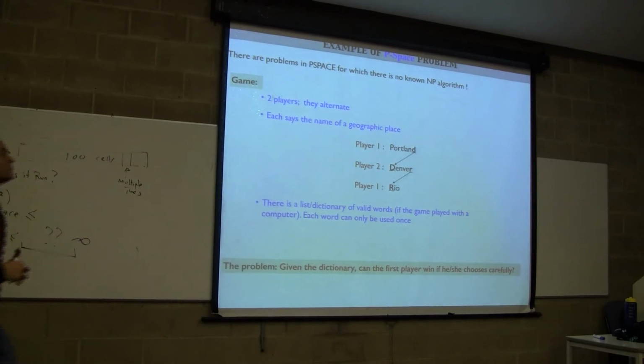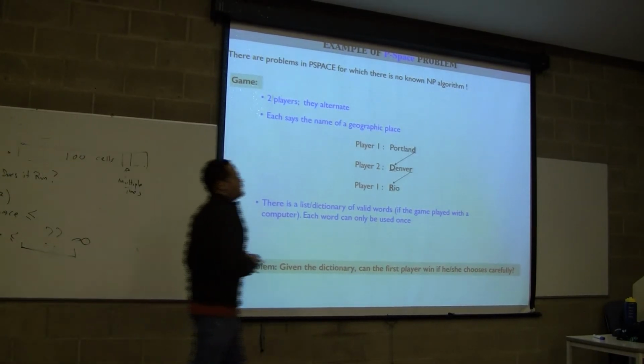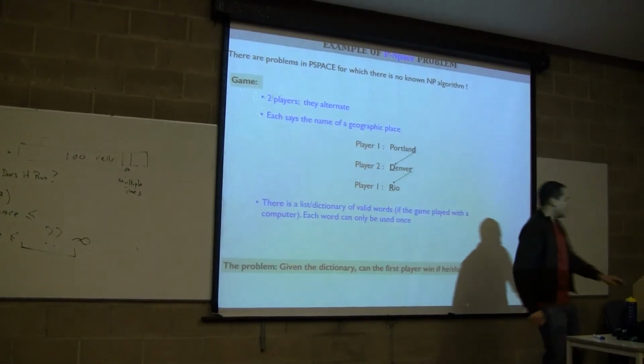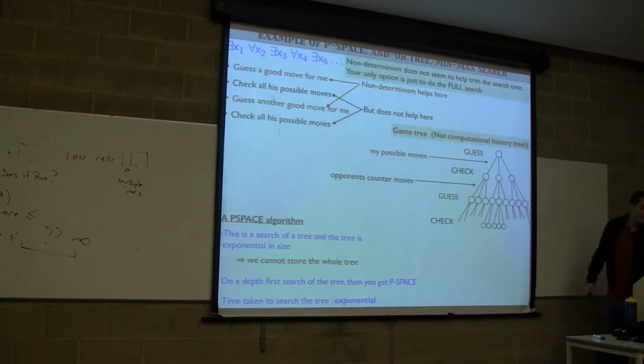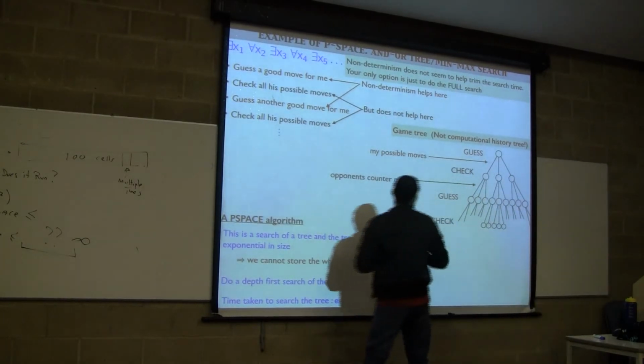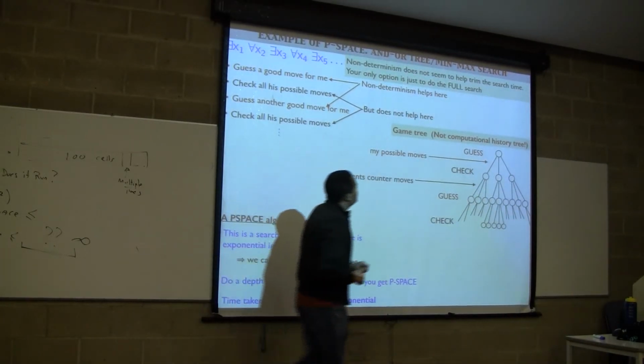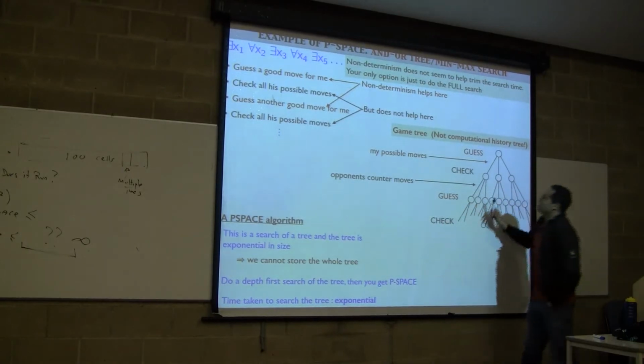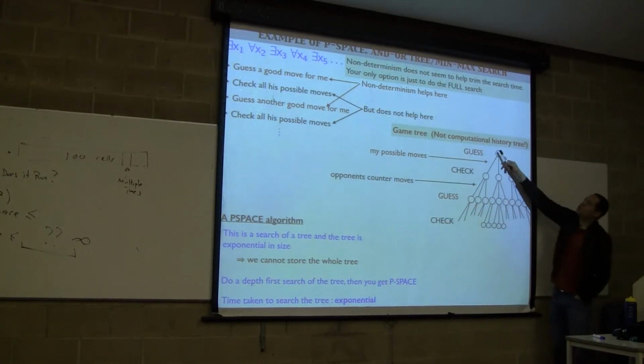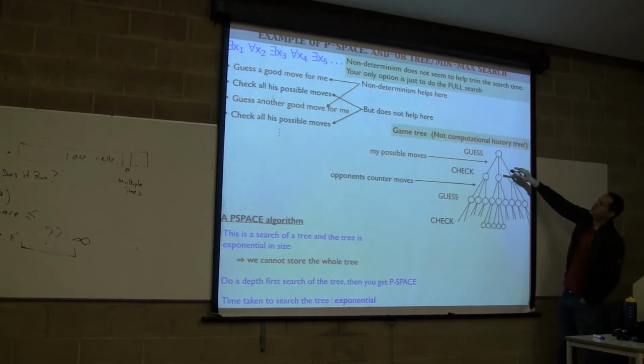This generates a PSPACE algorithm, and typically leads to a huge search space. This is what is known as the min-max search algorithm used in artificial intelligence. So the idea is the following. Imagine you've got here the game tree, not the computational history of a non-deterministic machine, but really the algorithm itself.